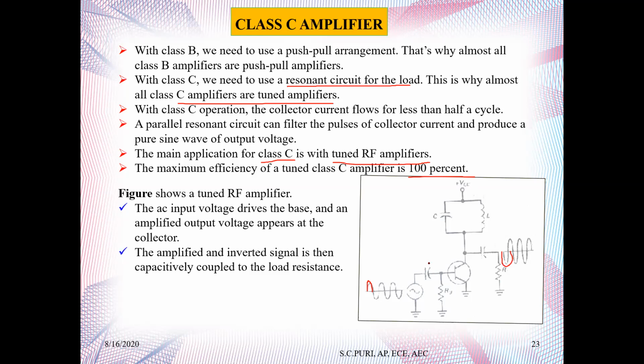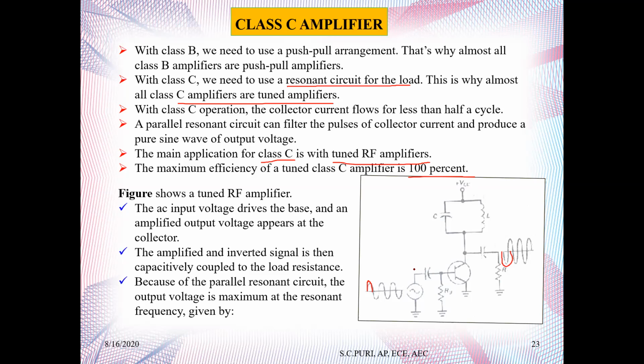It is then capacitively coupled to the load resistance. Because of the parallel resonant circuit, the output voltage is maximum at the resonant frequency, which is given by FR equal to 1 by 2 pi root over LC for this tank circuit.